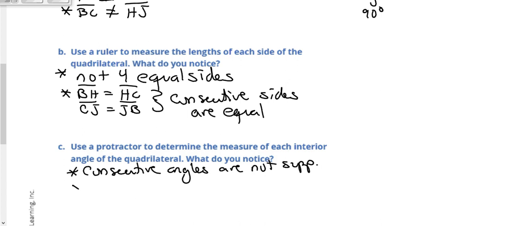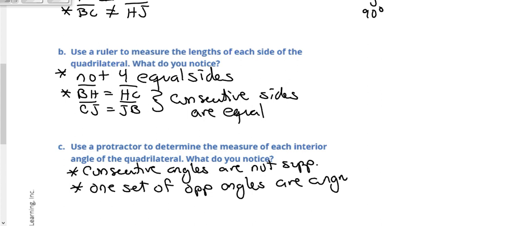One set of opposite angles are congruent or equal. Okay. So we will just make this into supplementary, are equal, otherwise known as congruent.